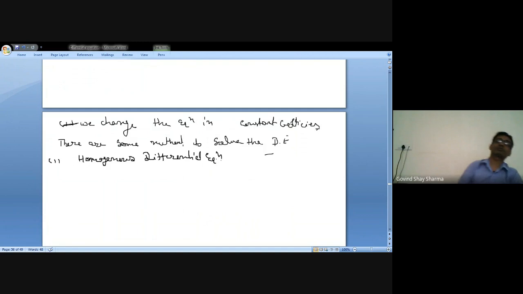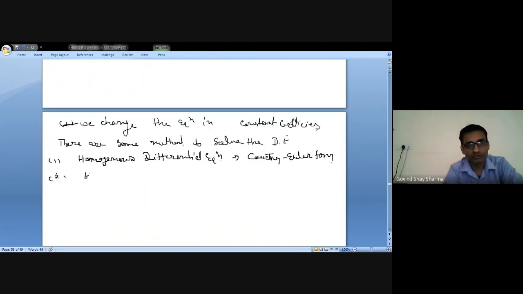If a differential equation is in homogeneous form, then we use another method; this equation is called Cauchy-Euler. Second, the exact form of differential equation, where we check whether the equation is exact or not.